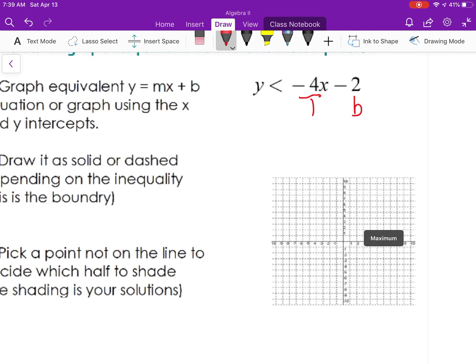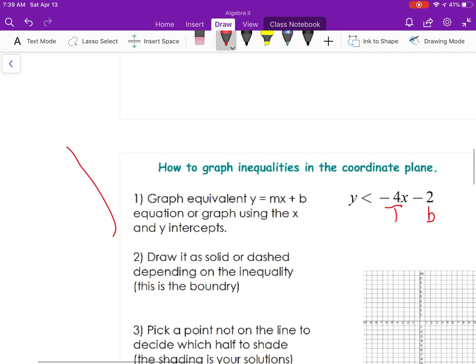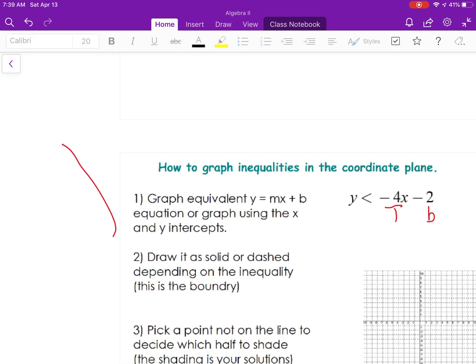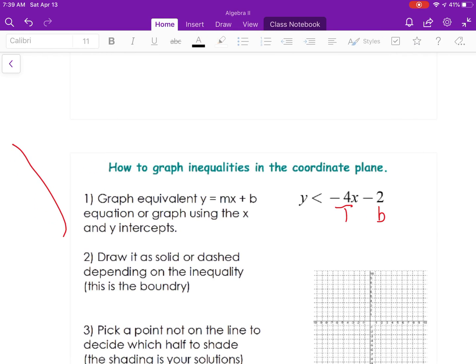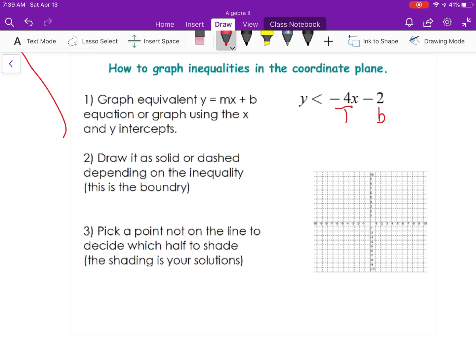So I'm going to go to my graph paper. I'm going to go to -2 on the y-axis, and I'm going to go down 1, 2, 3, 4 blocks and over to the right one.